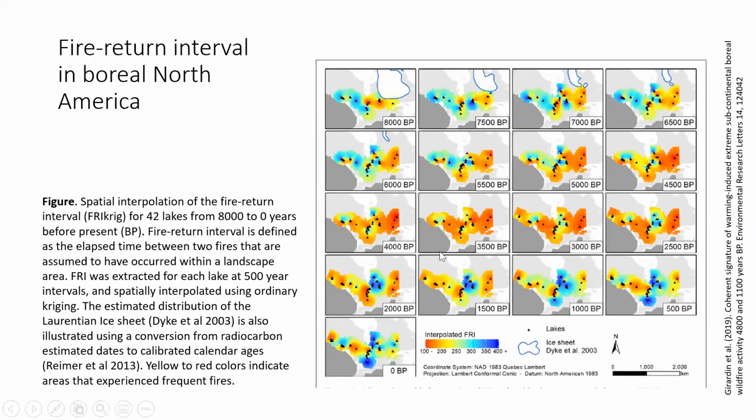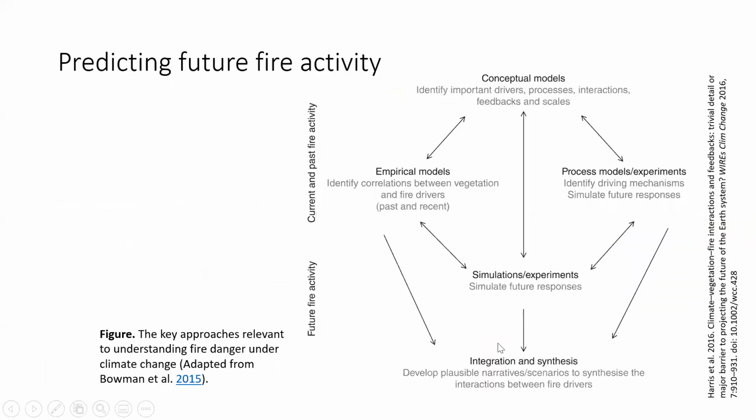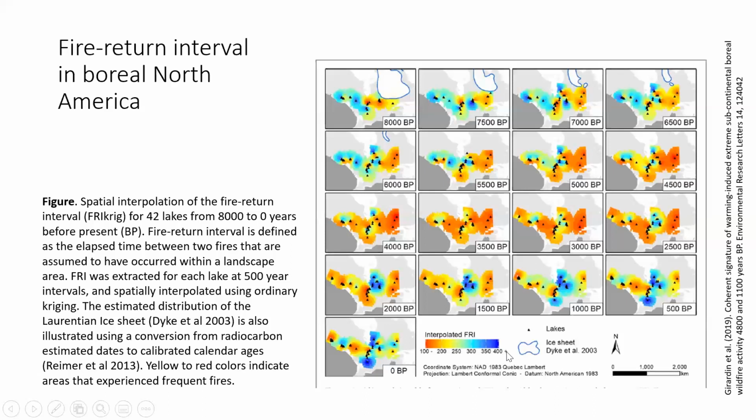The color shows the fire return interval: orange or reddish color means that there are fires more often, basically every 100 years for the red color. And the bluish color, the most blue, means fires every 400 years, so not that often.